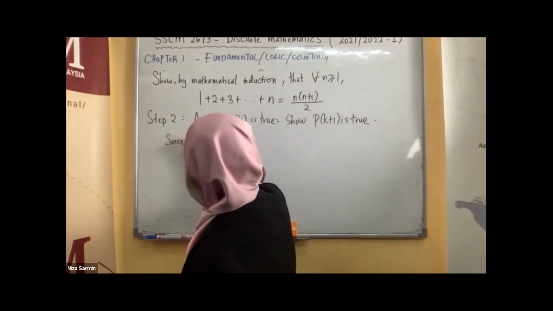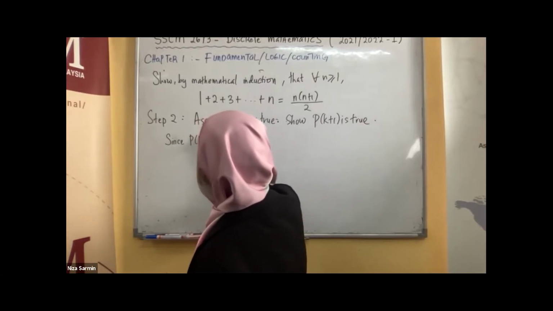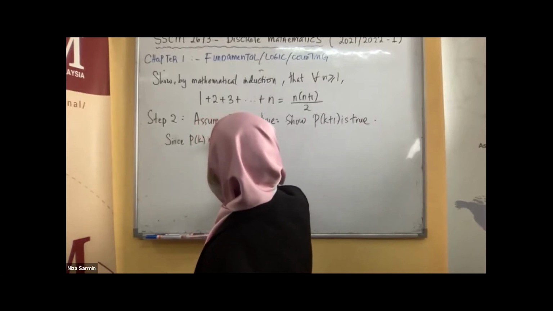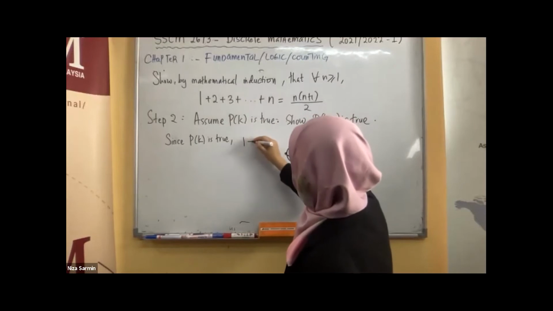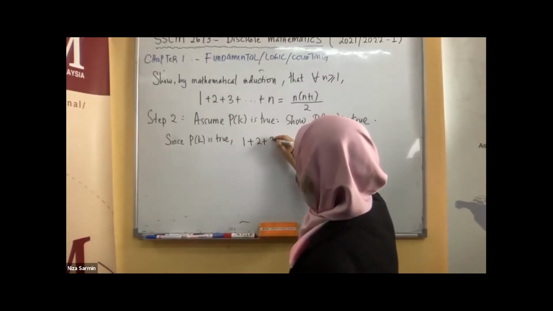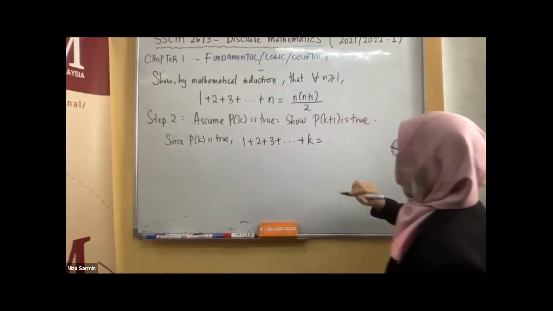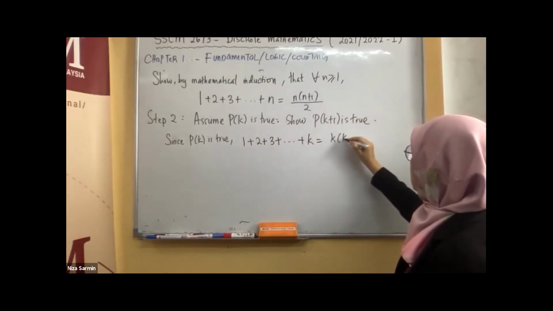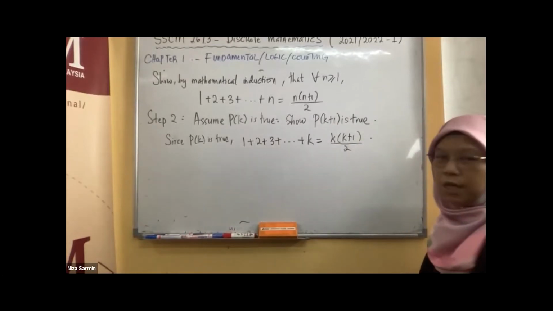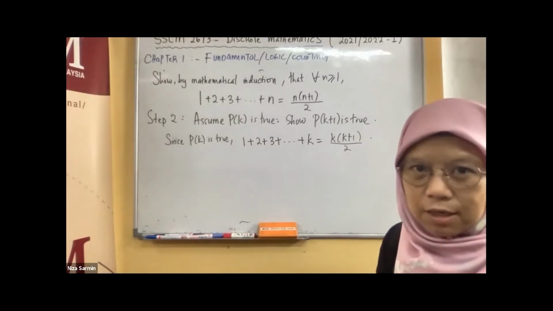Now for Pk, since Pk is true, 1 plus 2 plus 3 plus up to k equals k times (k plus 1) over 2. Meaning you just replace n by k.